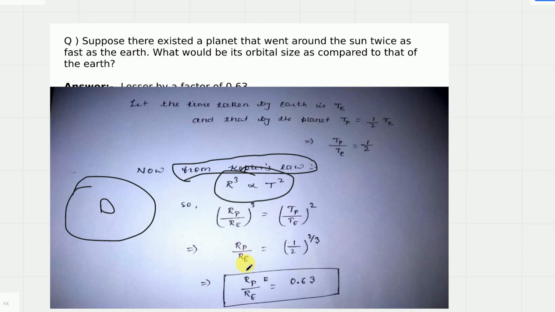TP over T is half, so RP over RE equals half to the power 2 by 3. So RP equals 0.63 RE. The answer will be lesser by a factor of 0.63, which means RP is 0.63 times RE. Okay, so proceed.